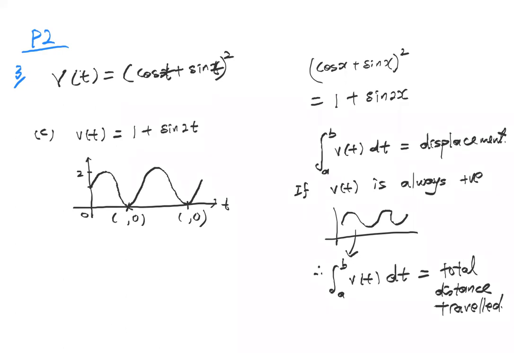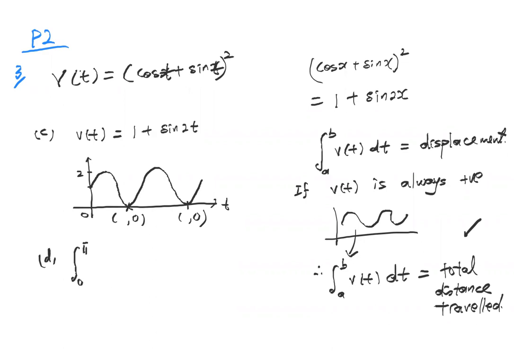So I have the last one to answer. Part D, because the whole graph is above the t-axis, correct? So find the exact total distance traveled by the object in the first pi seconds. So I have to integrate 0 to pi.